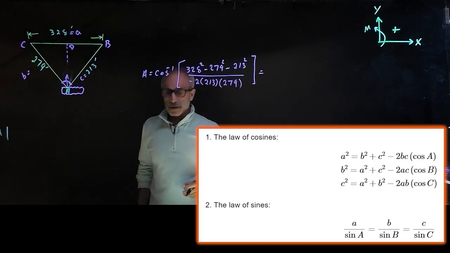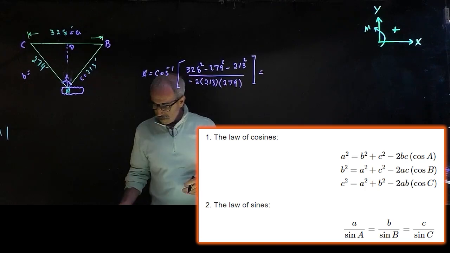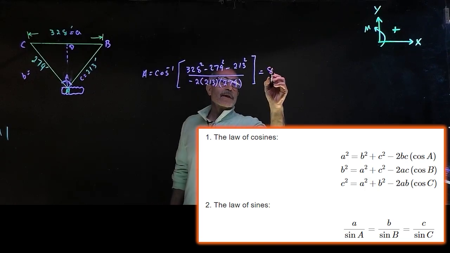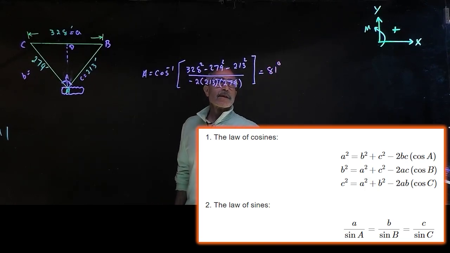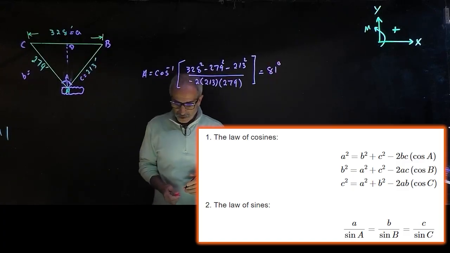And if I did this right using my calculator, which I already have solved, I got 82 degrees. No, 81 degrees. I lied. You double check my numbers if you get the same thing.